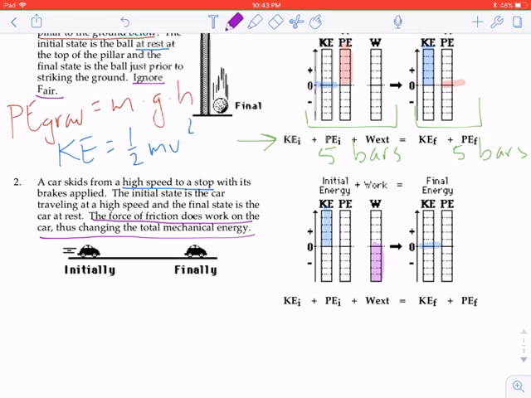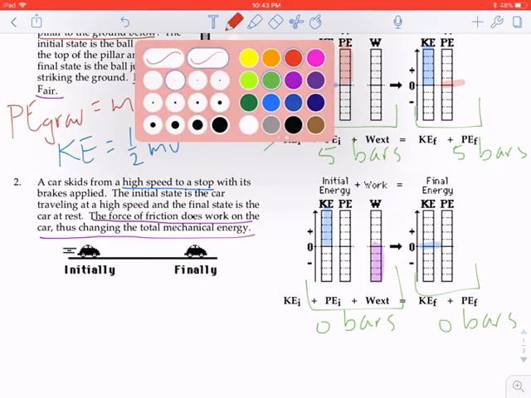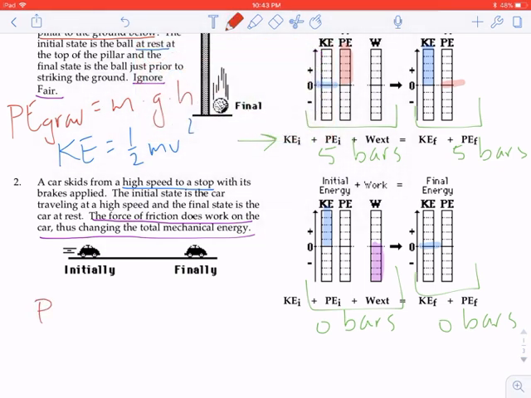Now we notice that on the left side, the total number of bars filled in is +5 and -5, which is 0 bars. That's like the net energy. And then on the right side, we have 0 bars here as well. If you're wondering about potential energy, the change in potential energy is equal to 0 because there's no change in height.